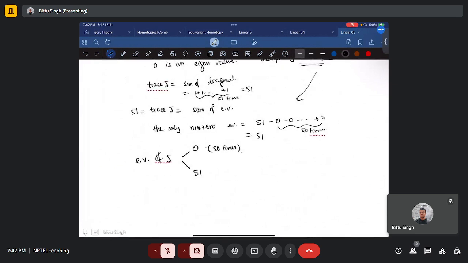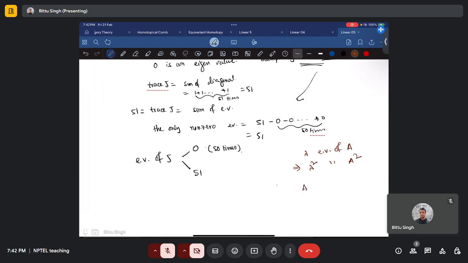Now observe that, I should state a fact which is very useful. If lambda is an eigenvalue of A, then it is clear that lambda square is an eigenvalue of A square. Why is this true?